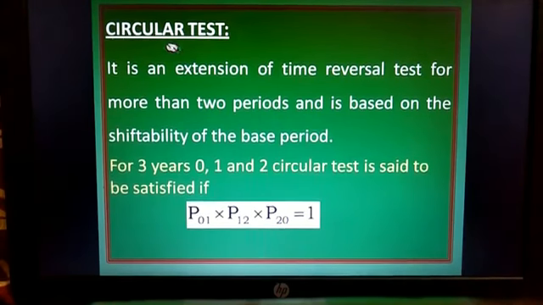So based on circular test, only this much has been prescribed to our syllabus. It has not been given which index number satisfies circular test, which are not being satisfied. With the proof it is not being asked, but at least mentioning of the index numbers which satisfy circular test and which do not satisfy circular test is present, that we shall observe.